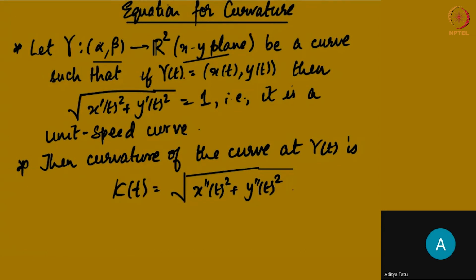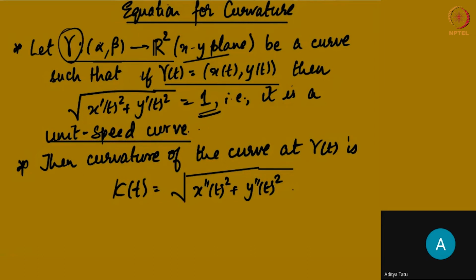If gamma of t is given by two functions, x of t, which represents the x coordinate, and y of t, which represents the y coordinate, and the length of its velocity vector, which is basically speed, is always 1, then we say that this curve represented by gamma is a unit speed curve.